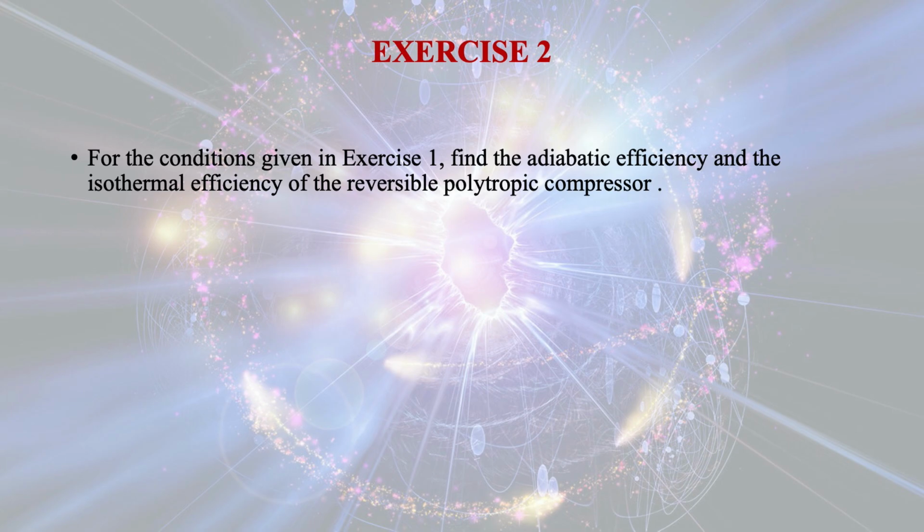The next exercise, for the conditions given in exercise 1, find the adiabatic efficiency and the isothermal efficiency of the reversible polytropic compression. Now, we have already calculated the work done for the reversible adiabatic process, the reversible polytropic process, and the reversible isothermal process.